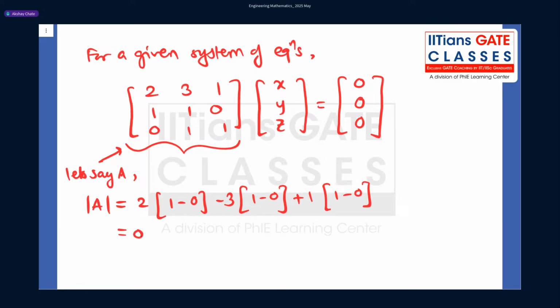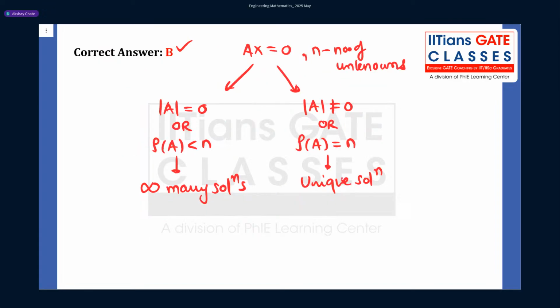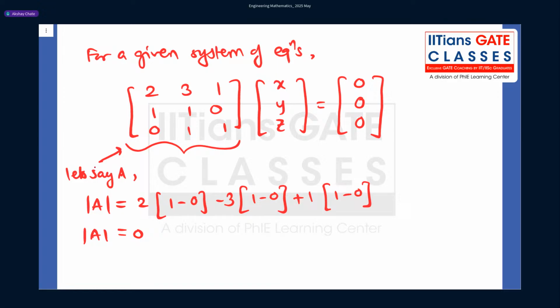So the determinant of this matrix is 0, and by looking at the tree diagram that you are supposed to remember, you can say that this system of equations will have infinitely many solutions. Okay, so that was your option B.